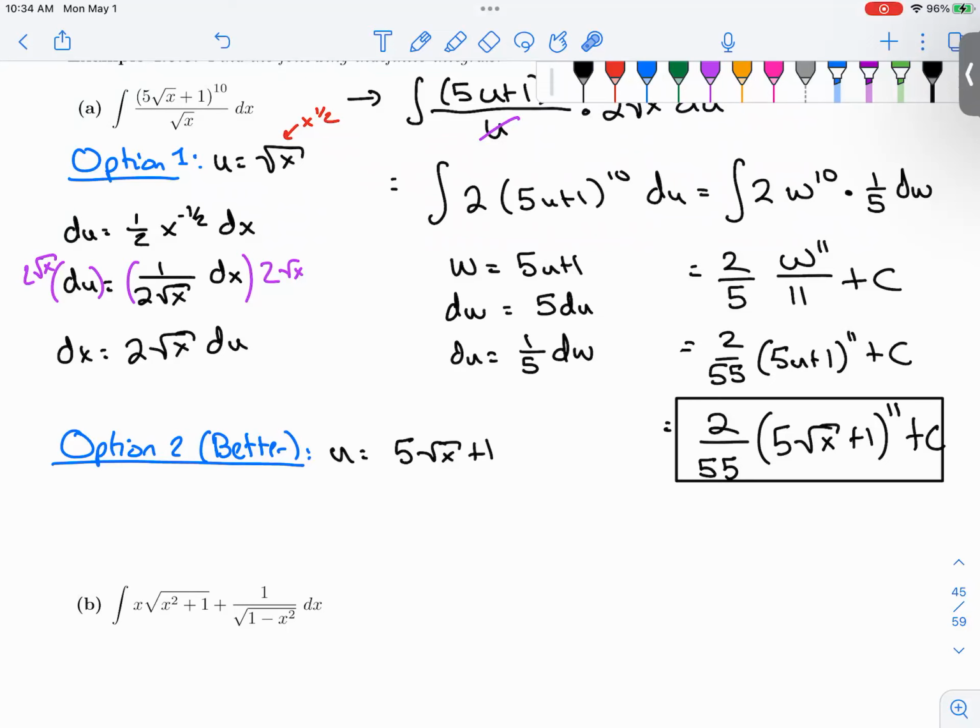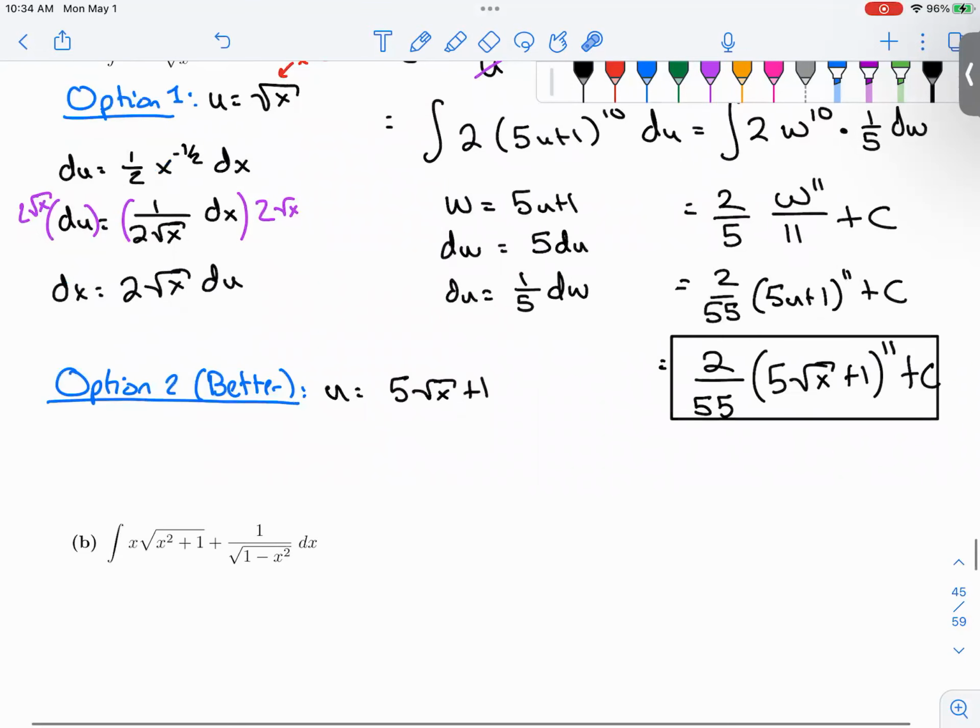The integral of x squared plus 1 plus 1 over the square root of 1 minus x squared. This is 2 separate pieces, so let's separate it, because maybe one piece is very quick, or maybe each one will require its own u substitution.